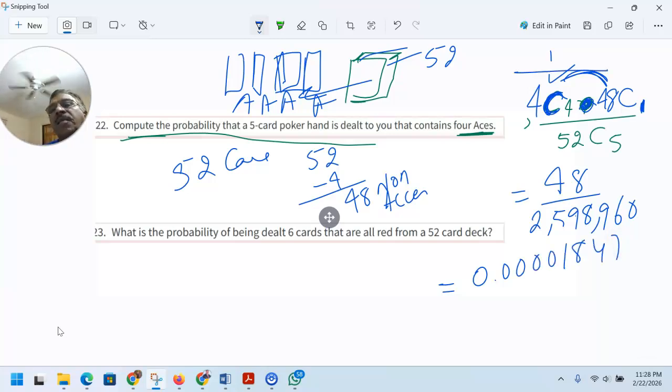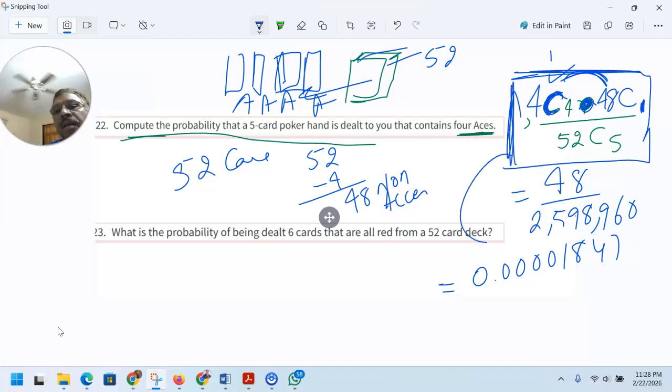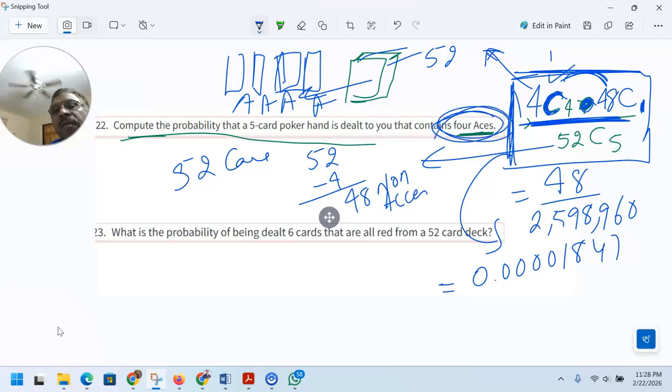So the idea is, can you set it up? This is the important piece; once you do this, the rest follows. The bottom one is always the total number of possible outcomes. The top part is the number of outcomes that favor the description, that is four aces. But because there were already four aces, I'm just writing this as it is.